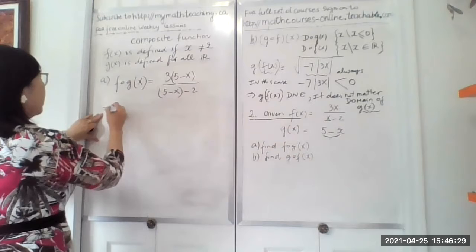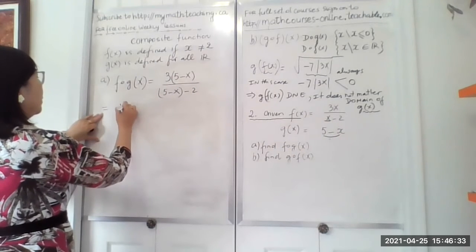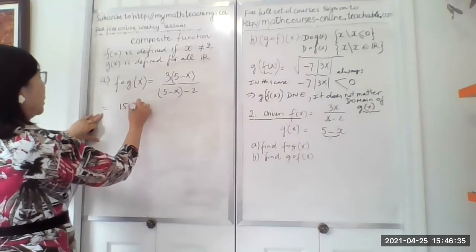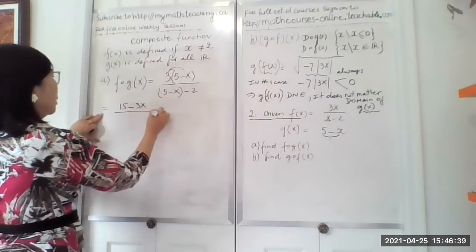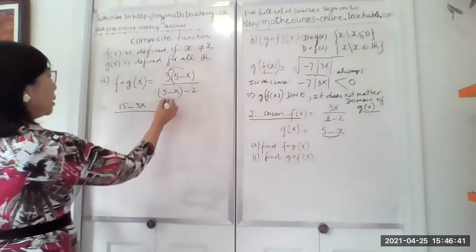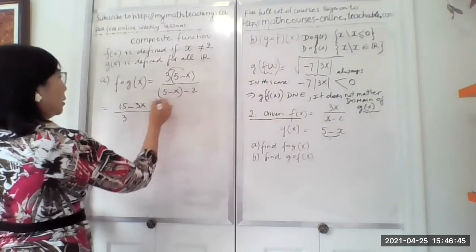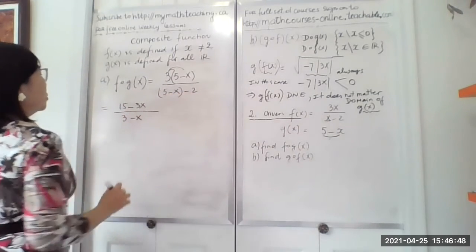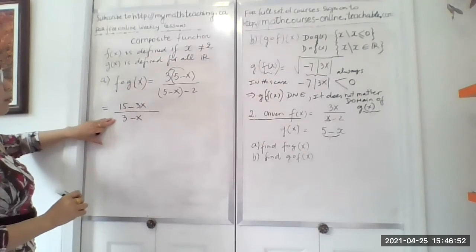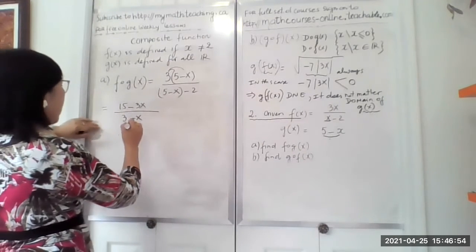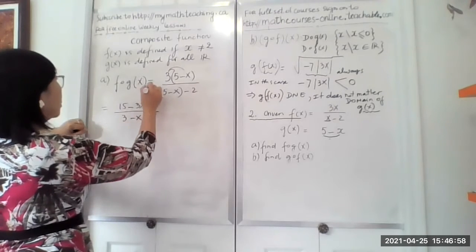So let's simplify this. This will be equal to 15 minus 3x on the top, multiplying through. Down here will be 5 minus 2 is 3, and minus x. So this is the new f of g of x. Now let's find the domain of our new function.